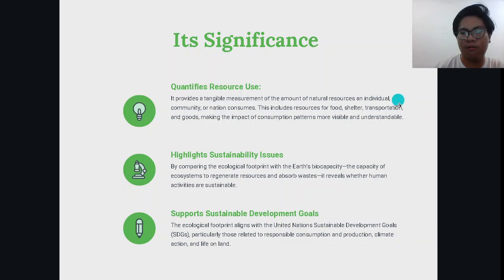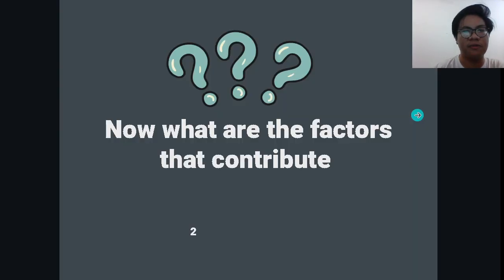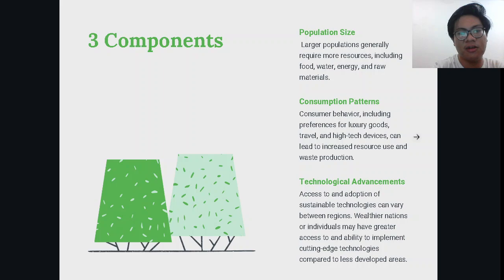Since we already talked about the whats and whys about ecological footprint, let's talk about how ecological footprint is even happening. 1. Our population size. Bigger resource demands due to larger populations generally require more resources, including food, water, energy, and raw materials.